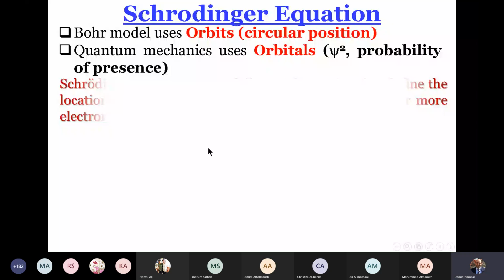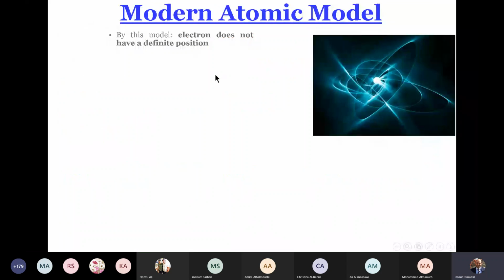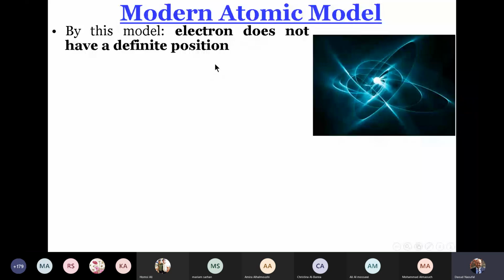For a determined position x, y, z, we can calculate psi at this point, but the most important is psi square, which is the probability of presence at this point. So in the modern atomic model, the electron does not have a definite position, and the motion of the electron can be associated to a wave around the nucleus.